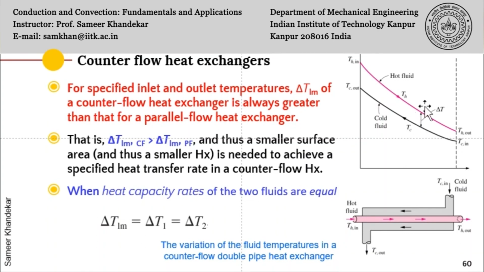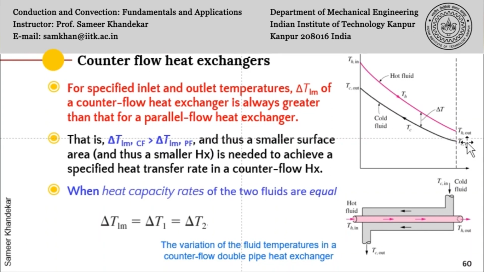Now if you remember, this delta T can be made equal throughout the heat exchanger if the heat capacity rates are the same. When the heat capacity rates of the two fluids are identical, then naturally the LMTD will be equal to delta T1 and equal to delta T2, because these become straight lines, and you will have the same temperature difference right throughout the heat exchanger.